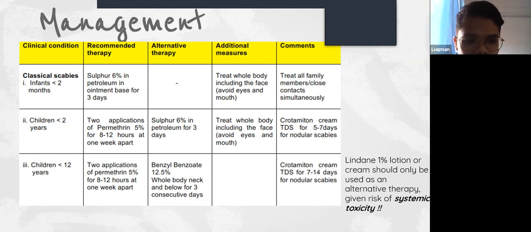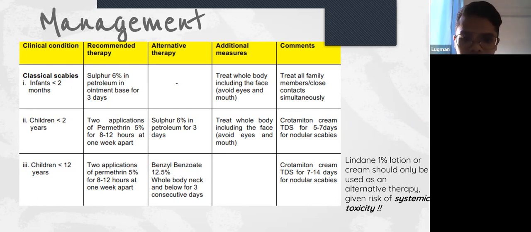For children under 2 years, 2 applications of permethrin 5% for 8 to 12 hours, 1 week apart. For alternative therapy, you can also apply sulfur 6%. For children less than 12 years old, also the same 2 applications of permethrin 5% for 8 to 12 hours, 1 week apart.